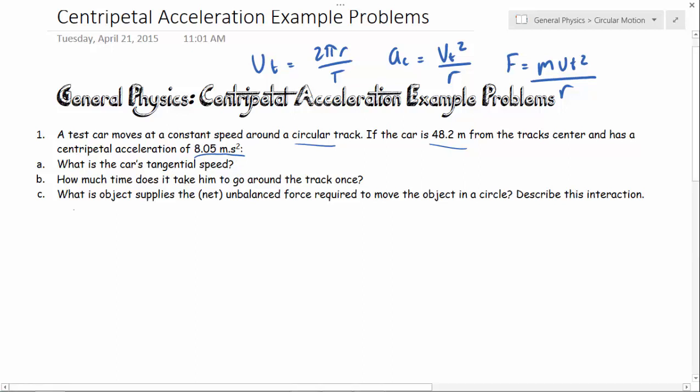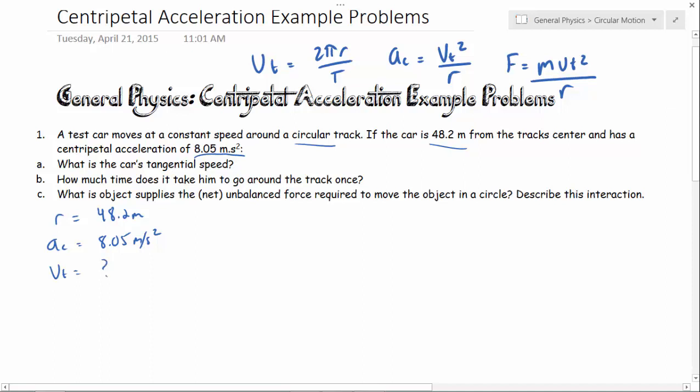I'm going to start by writing down what the problem gives me as knowns. The radius is 48.2 meters, the centripetal acceleration is 8.05 meters per second squared, and the first part of the problem is asking for the tangential speed.